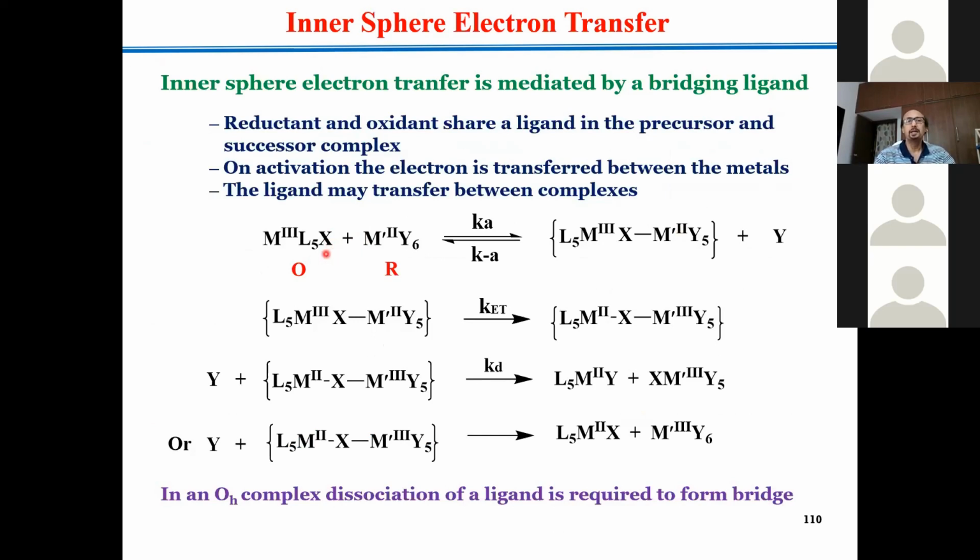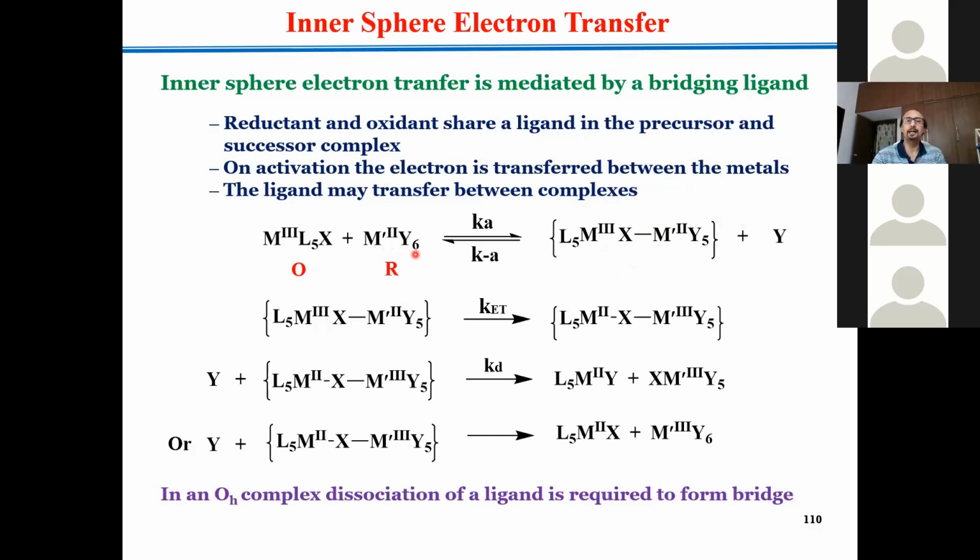Now, when the oxidant and reductant come closer, under a particular chemical situation, then this X will form the bridge between M and M prime. That's called the bridge. Now, the question is, M prime is already hexacoordinated, so it cannot go to the 7th coordination mode, because we already know that a 7th coordination is not a very stable situation, right?